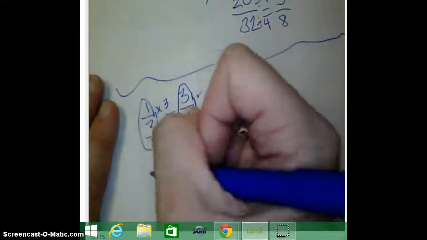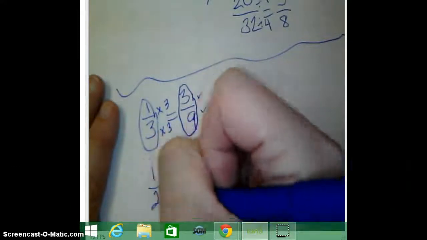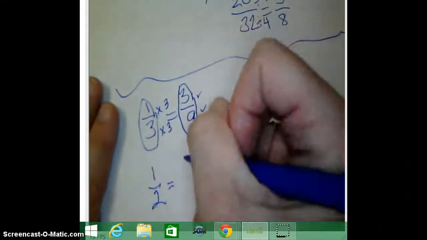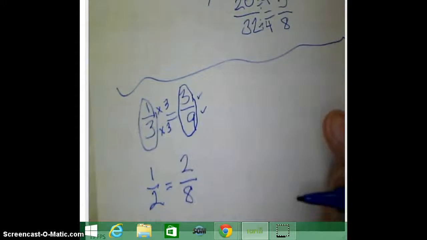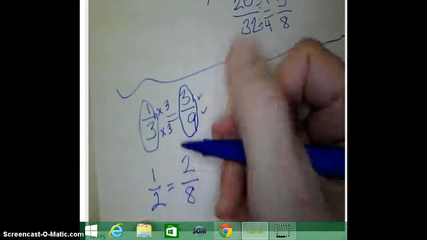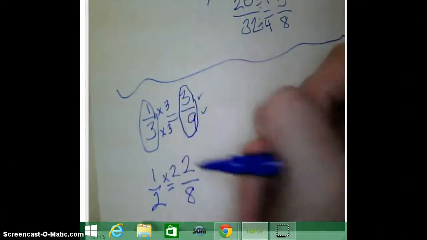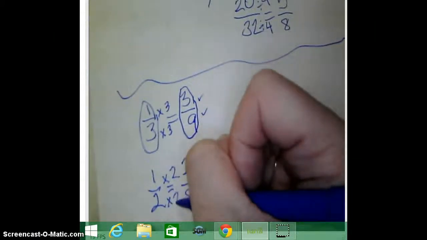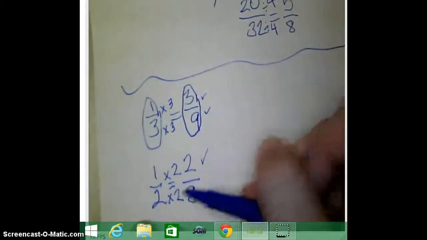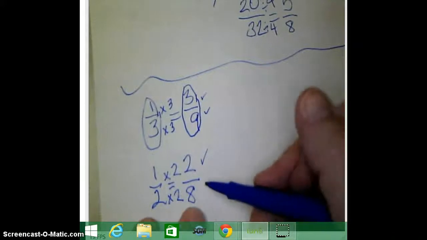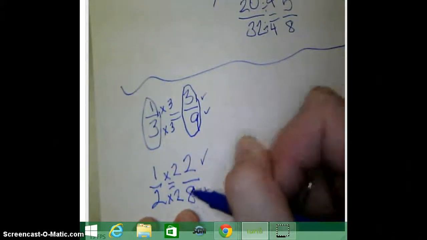Let's do another. What if we had 1/2 is equal to 2/8? Well, let's see. How do I get from 1 to 2? I multiply times 2. I have to do that to the bottom. So 1 times 2 is 2. Yep, that works. 2 times 2. Oh, whoa, that's not 8. It's supposed to be 4.